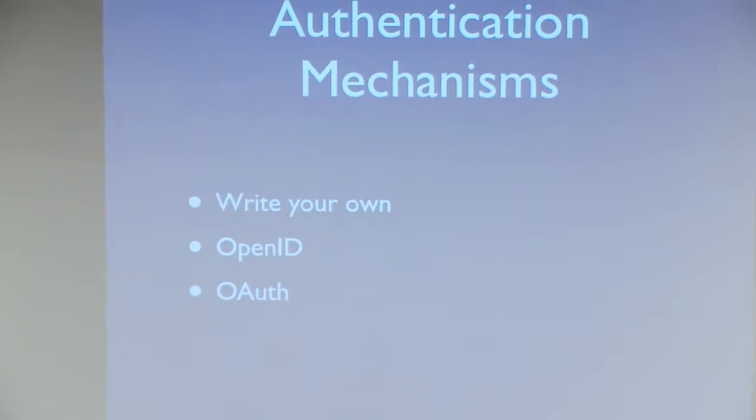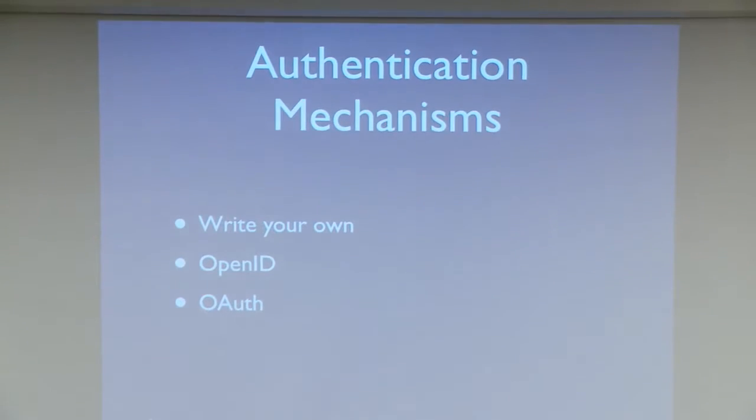There are many ways to authenticate stuff. The 3 big ones out there right now: you can write your own, let's say you have a website and you're trying to write an auth system, then there's OpenID, and then there's OAuth. OpenID is what a lot of websites used to use, where you authenticate with an OpenID username and password.